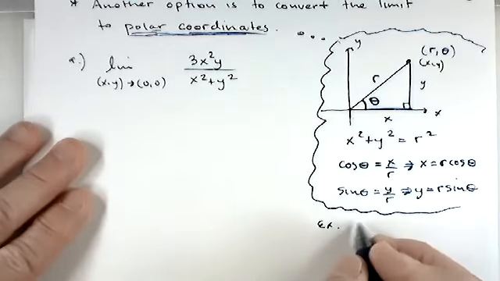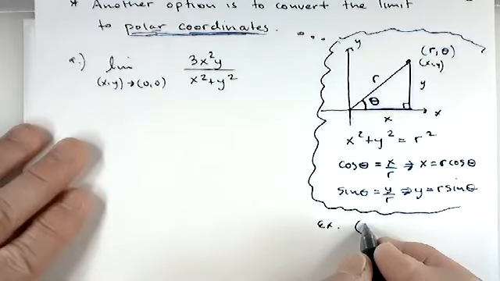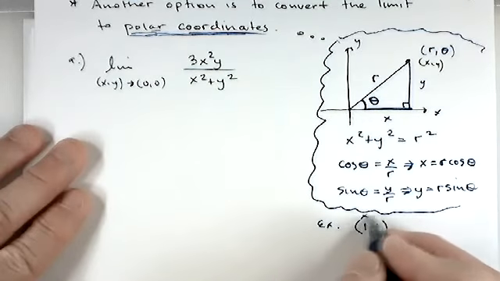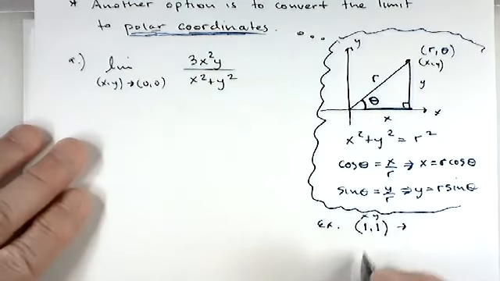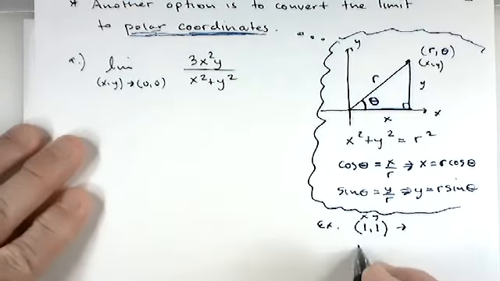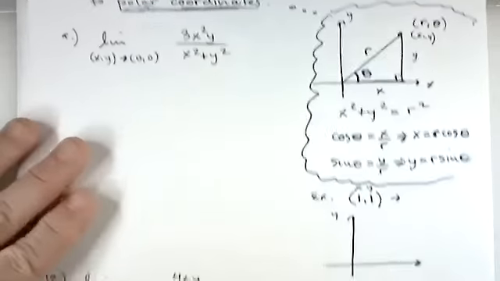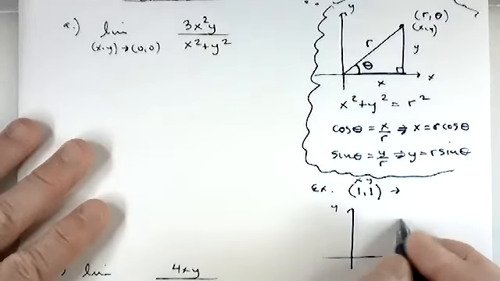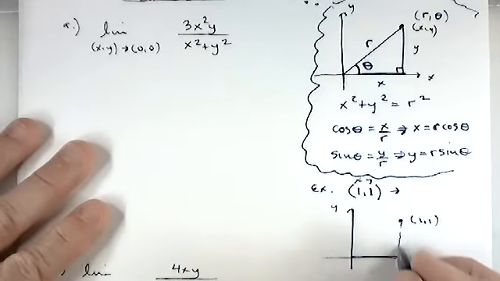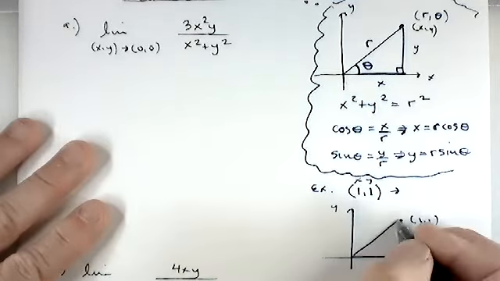For example, if I had the point 1, 1, where this is x, y, and I wanted to convert that to polar, based on the picture that I just drew, instead of going over 1, up 1, you would have to find out what this angle is, but that's not too hard.